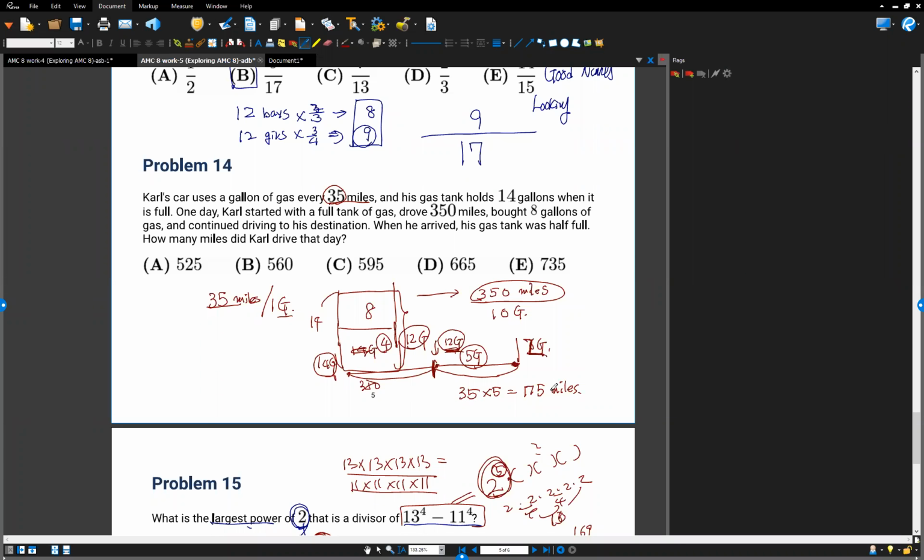Okay, but he already traveled before. First one, 350 miles. Total mileage how much? 350 and 175. When you add this, that is the total distance: 525 miles.